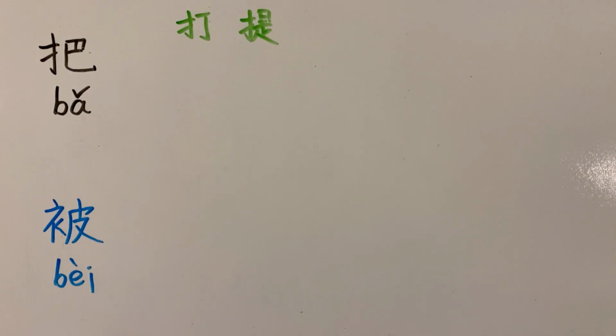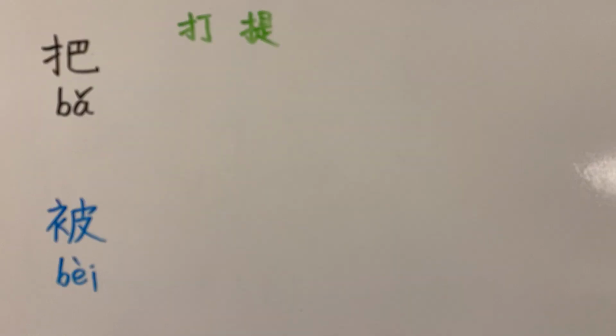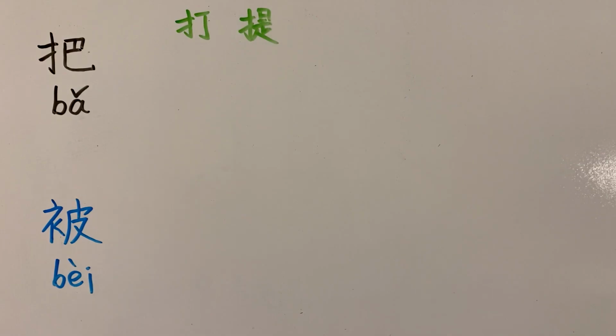The first one, 打, means to beat or to strike. The second one, 提, means to lift. 提出 means to come up with some ideas. As you can see, they have the same left part. We call it 提手边.